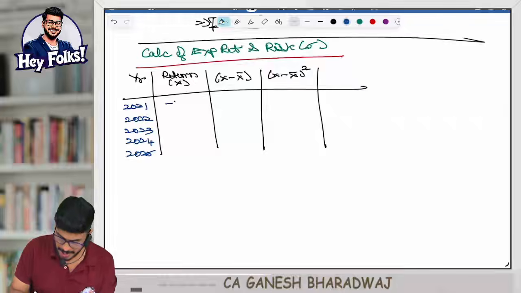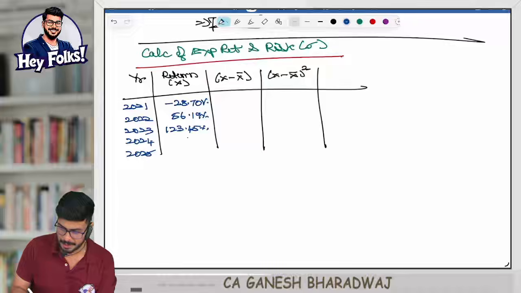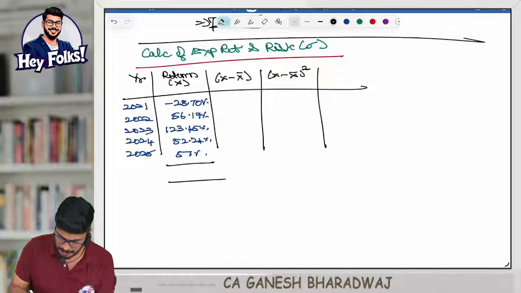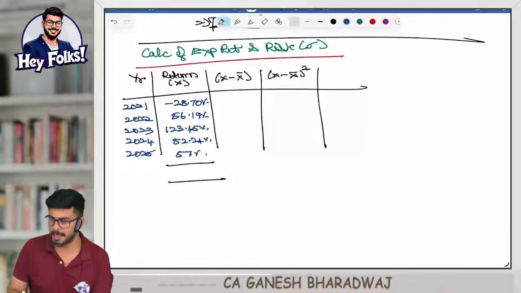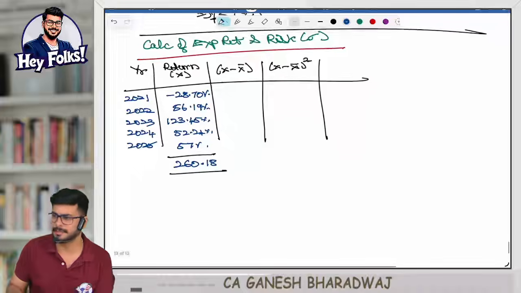Negative 28.70%, then 56.19%, then 123.45%, then 52.24%, then 57%. Yes. Total this up. How much are you getting? Quickly, come on. Tell me how much is the figure? 260.18. This is the total.